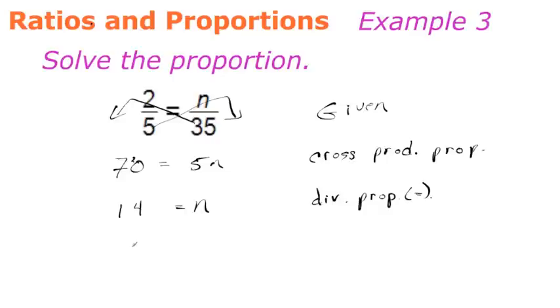And then finally, I like to turn my equations around so the variable's on the left-hand side. So we have n is equal to 14. That would be the final answer, and that would be cited by the symmetric property of equality.